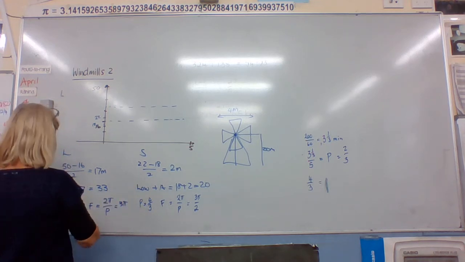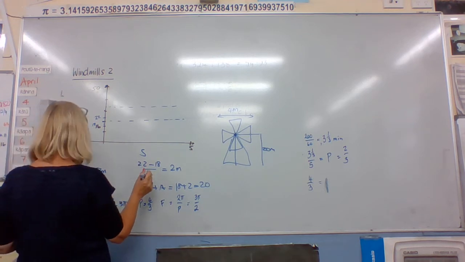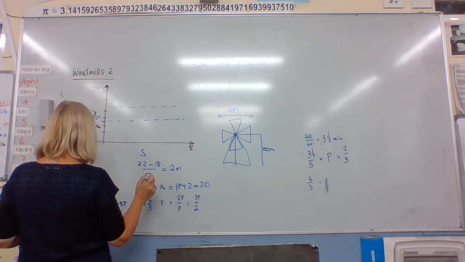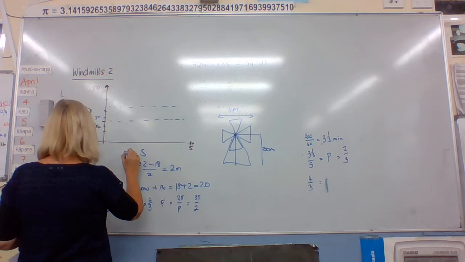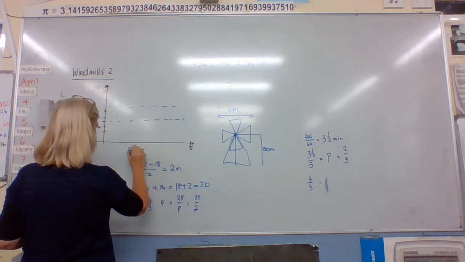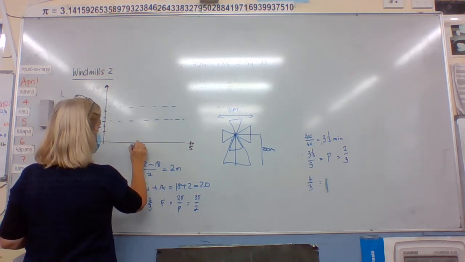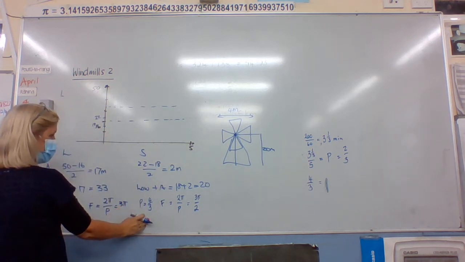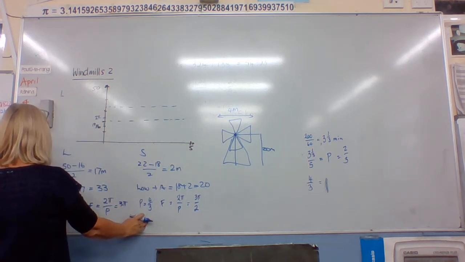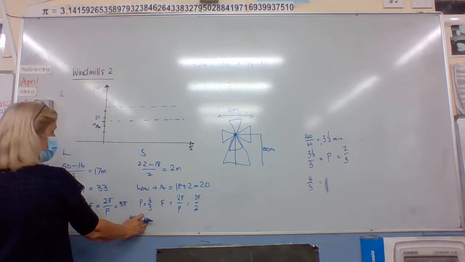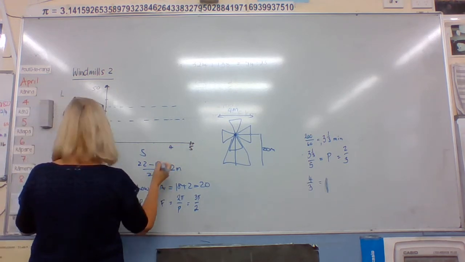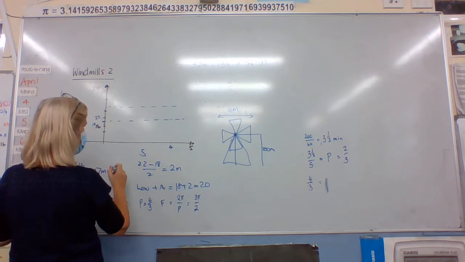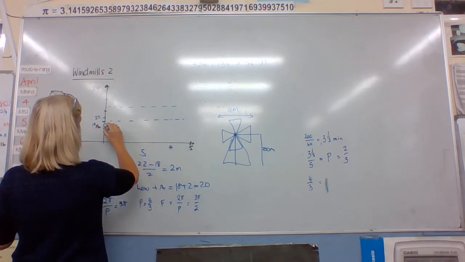We can just go with the 2/3 actually. One, 2, 3, 4. 3 rotations every 4 minutes. So in there I have to get 3 rotations for the little one. And we're starting at the bottom.